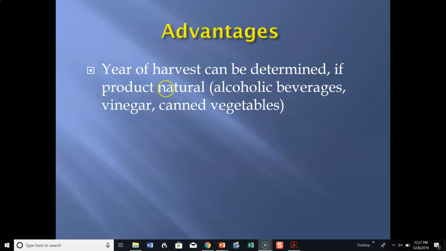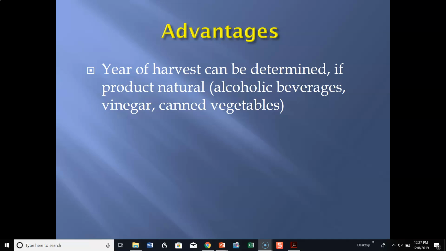The interesting thing is that over time we've been experimenting with hydrogen bomb testing, and so we've got a good history of what's the carbon-14 in the environment and in plants year by year since we started testing hydrogen bombs.